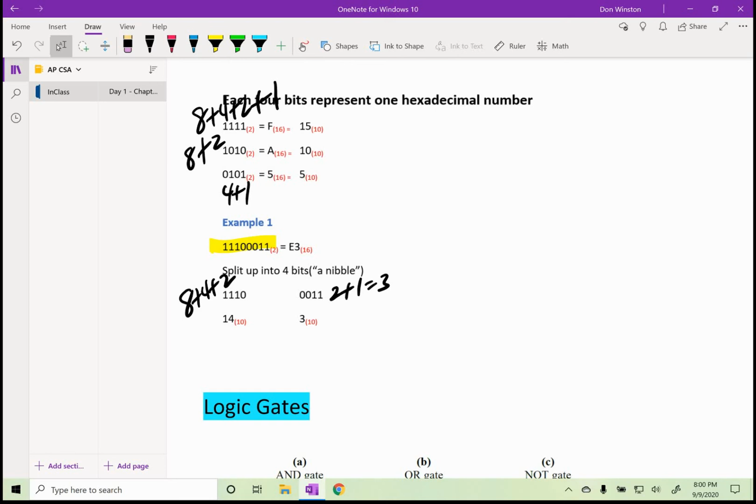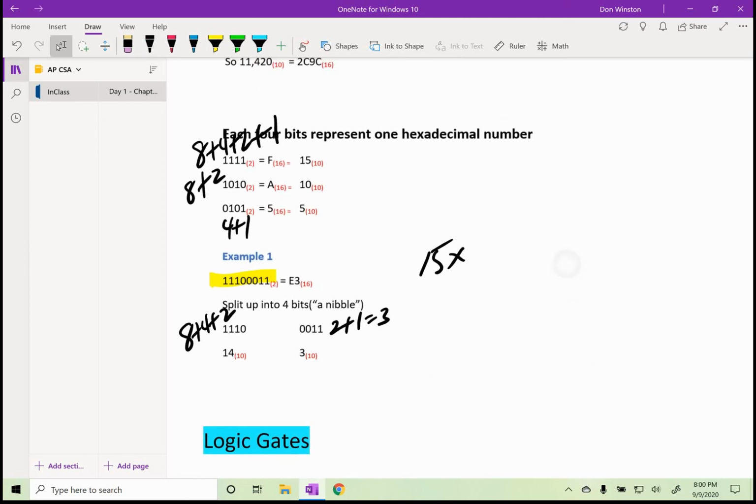And what would that be in base 10? Well, E is 14, so that would be 14 times 16 raised to the first plus 3 times 16 raised to the 0.